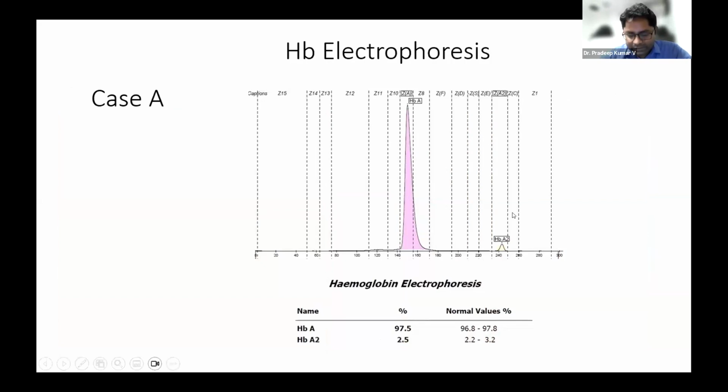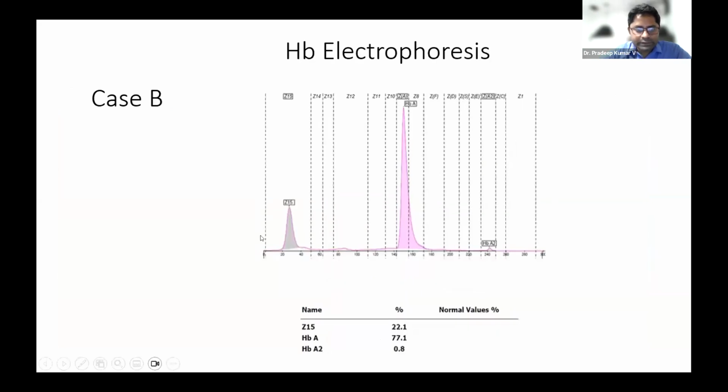OFT was asked in this particular case, case B, and OFT was decreased because of microcytic hypochromic anemia. And then they had asked for an EMA as well because there was one query about pyropoikilocytosis, but EMA came normal.